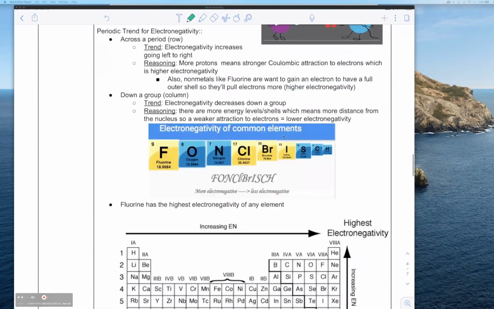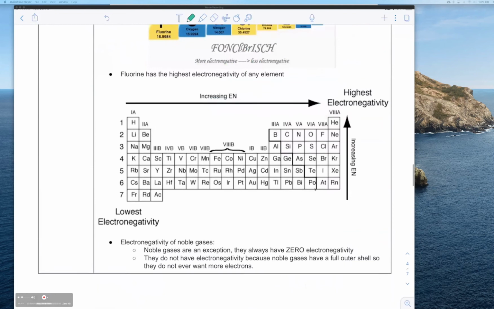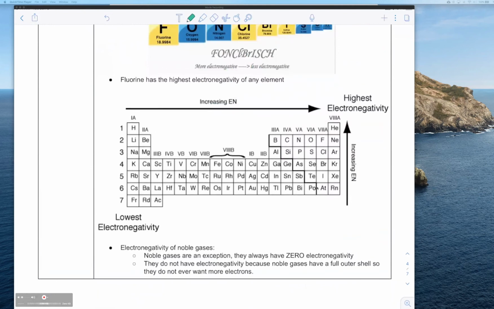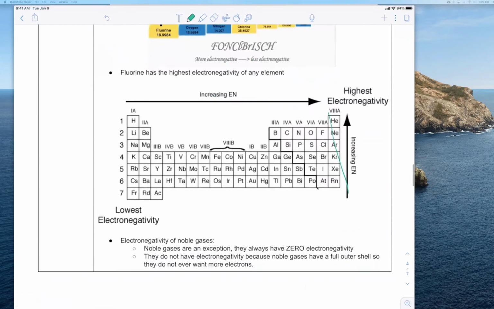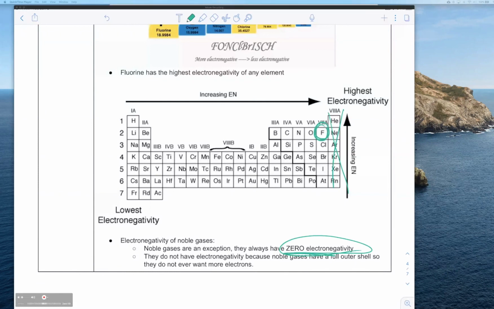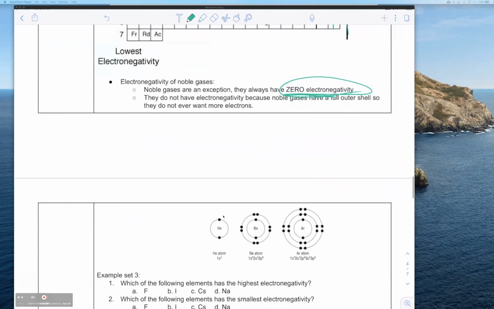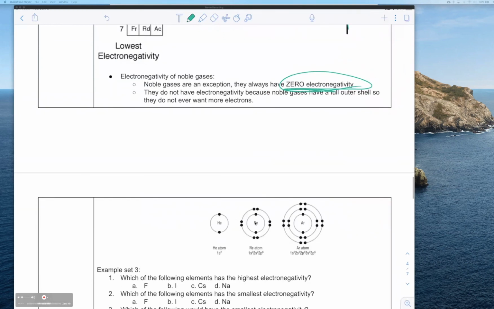Okay. So that's electronegativity, and one exception is noble gases. So noble gases have zero electronegativity. So technically, fluorine is the corner with the highest electronegativity. So noble gases have zero electronegativity, again, because they have a full outer shell of electrons, so they never want more electrons.